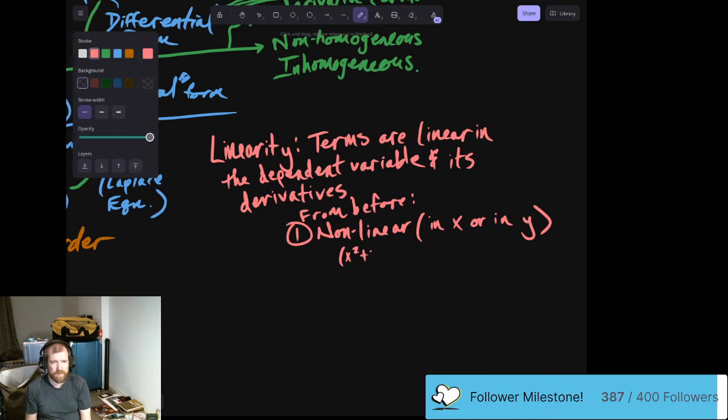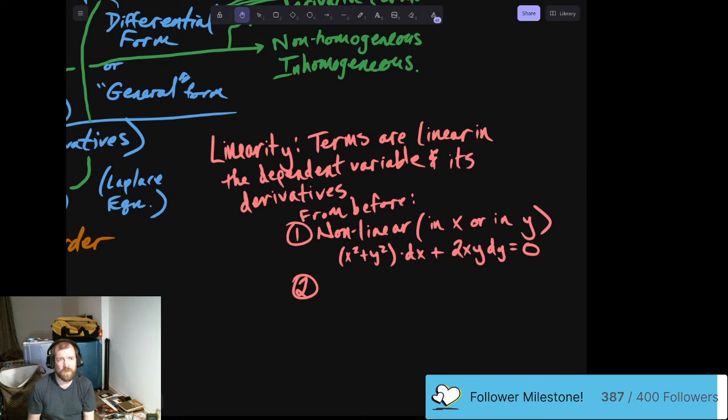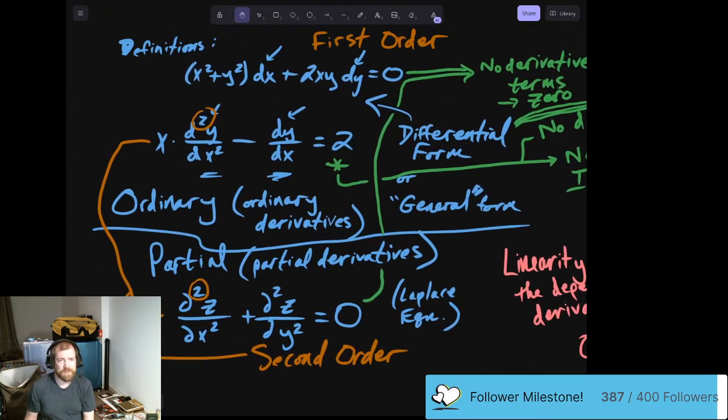This is x squared plus y squared times dx plus 2xy dy is equal to 0. Again, it didn't matter which variable we take as dependent or independent. Either way we go, we end up with a nonlinear differential equation. So it becomes, again, more difficult unless there's a specific set of circumstances.